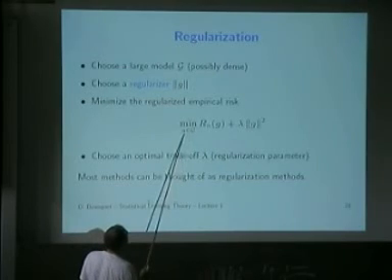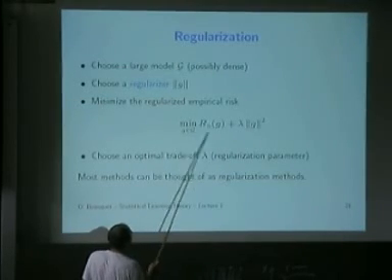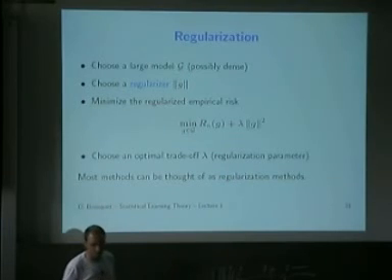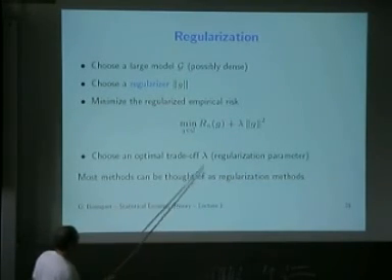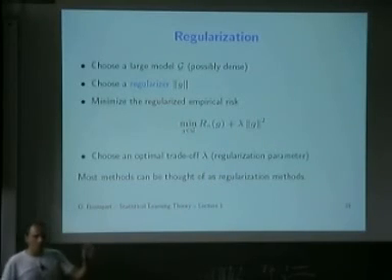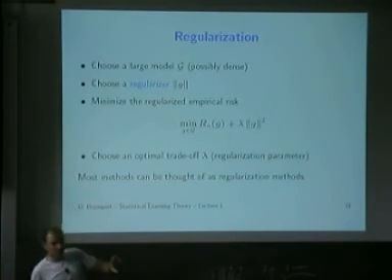So now we minimize in this big model the empirical risk plus a term which penalizes the complexity of the function. And there is this lambda parameter, called the regularization parameter, that allows us to trade off fit of the data and complexity of the function.